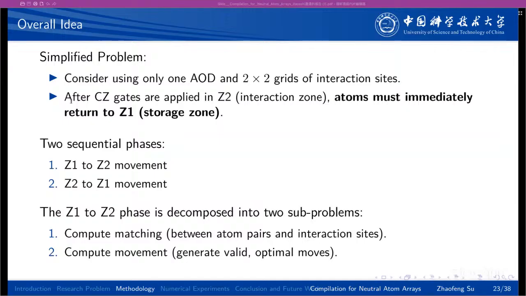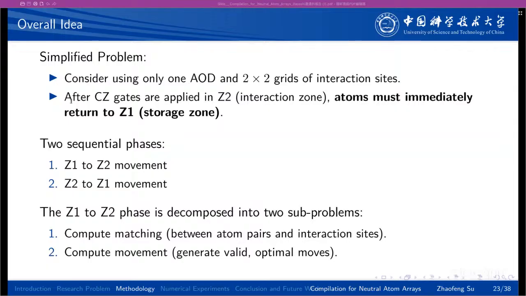And the second simplification is that after applying a CZ gate in the entanglement zone, the atoms must be immediately returned to the storage zone.